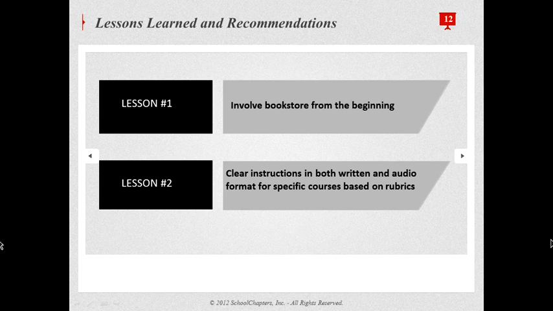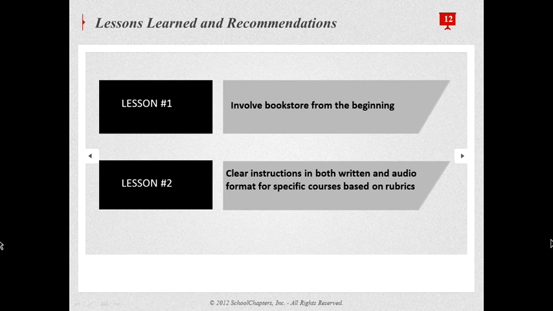So if you were taking a class face-to-face, or if you were taking a class online, you simply clicked on our Tools menu button, and there was school chapters. So really the students didn't have a lot to do. The bookstore was confused, but we have worked with them. So lesson learned there. Feel free to benefit from our lack of thinking ahead.